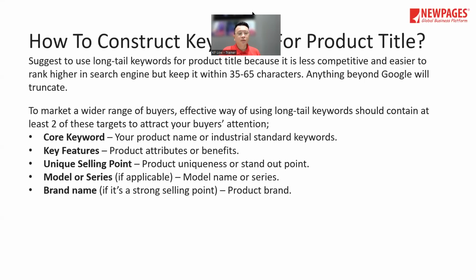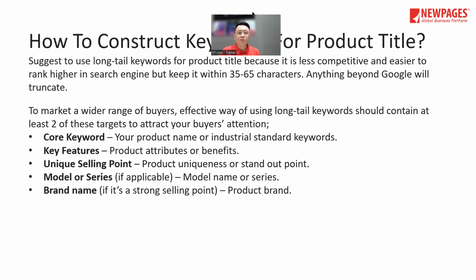For those that are mechanical, I believe most of you will put your model or your series name. Like the Canon printer PG89 I shared just now. If you think this is where your customers are searching, and this will generate money for your product or company, then it's important to include it.